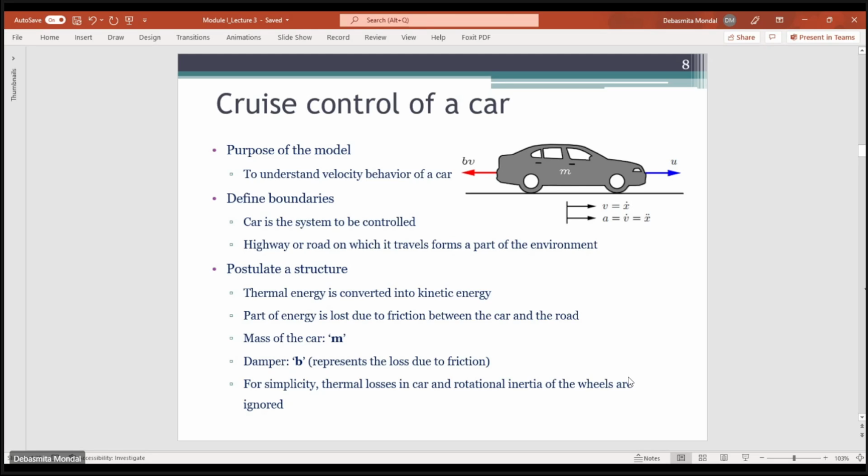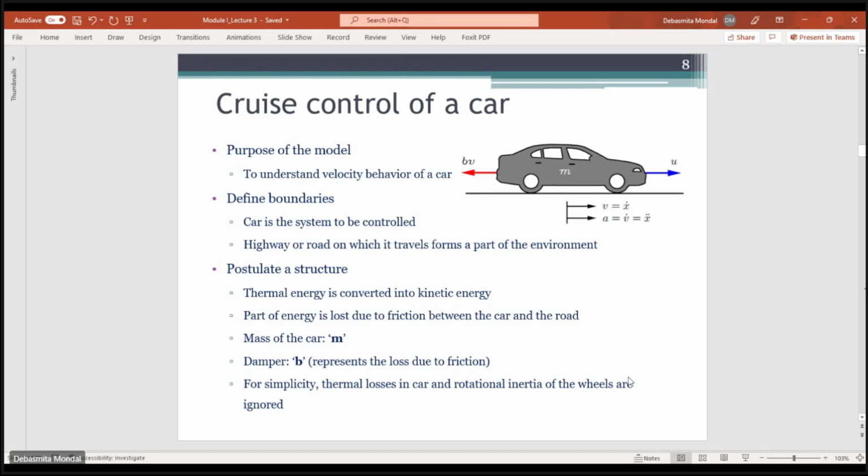Because you are applying an accelerating force, more fuel goes into the engine and is burnt, so some thermal or heat energy is generated, and that heat energy gets converted into kinetic energy, because of which the car is moving and you get a change in the velocity of the car.